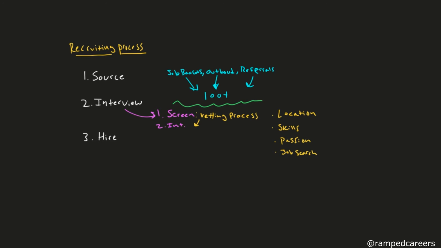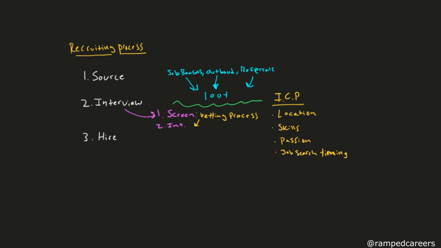That's just not someone that we can work with right now. Or maybe it is, but in most cases, we're looking to hire somebody today. So we want to make sure that the timing's right. We'll call it job search timing. You can think of all of these things as double checking for ICP, your ideal candidate profile, to make sure these candidates that you're about to talk to match that.